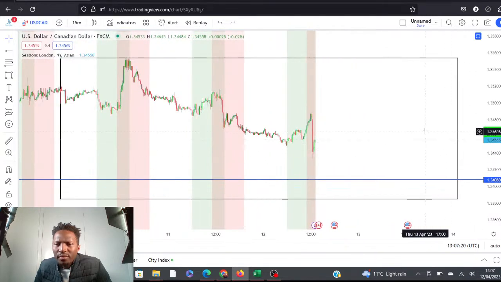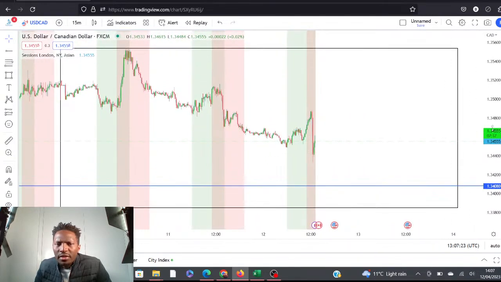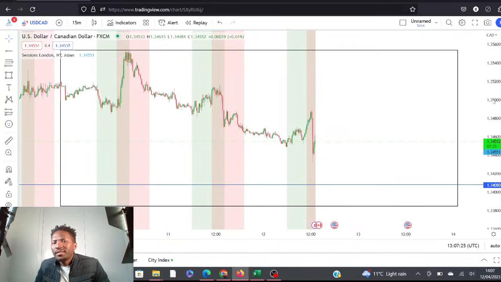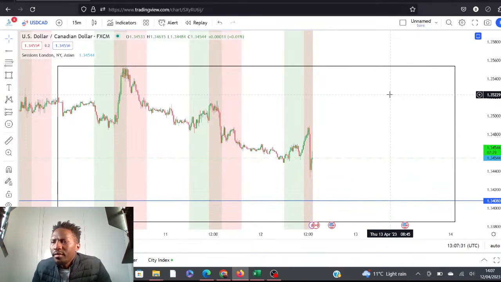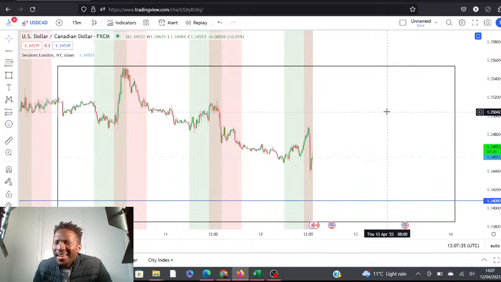But in terms of trading for me, I don't really have any trade. Most of my trades, I look for trades that are not only going to give me a high percentage of win, but trades that are going to be less risky.